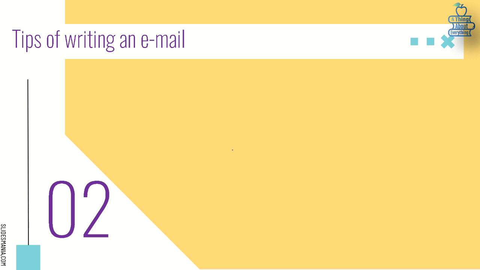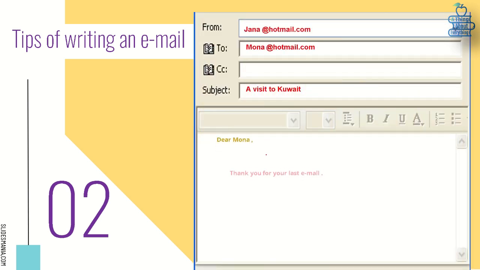The second step is to write a thank-you sentence, or an opening sentence like how are you, I'm fine, and you can say thank you for your last email. This is just an opening sentence, like an introduction.